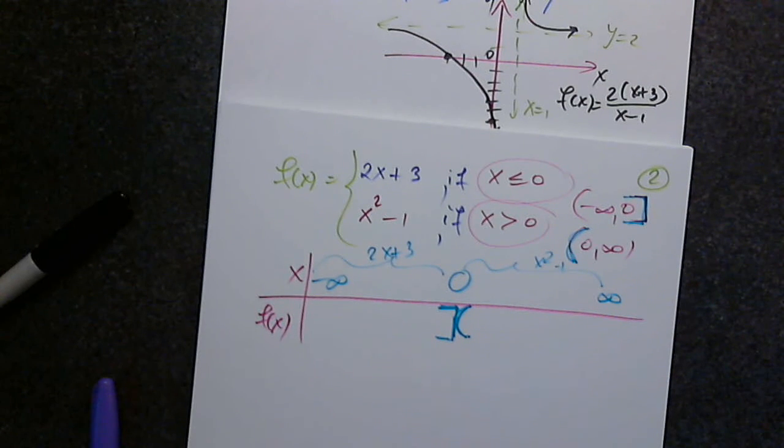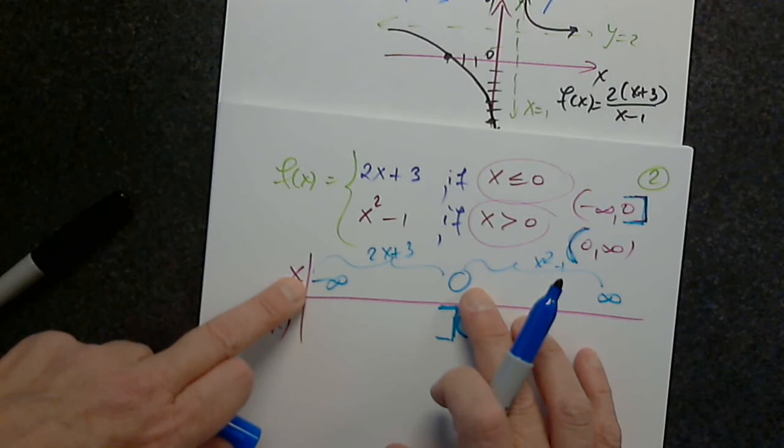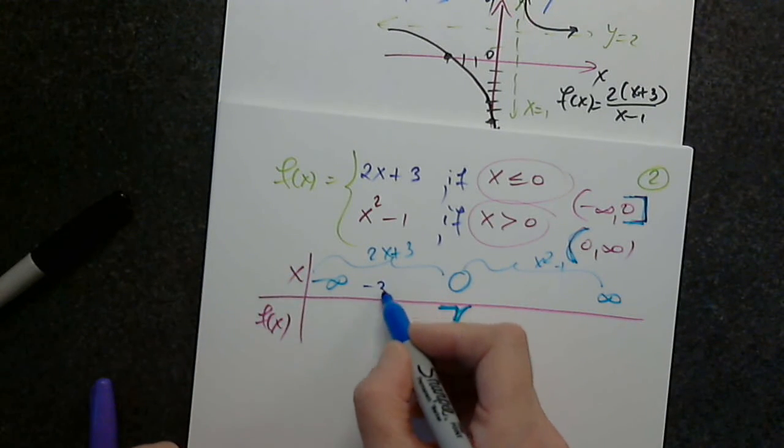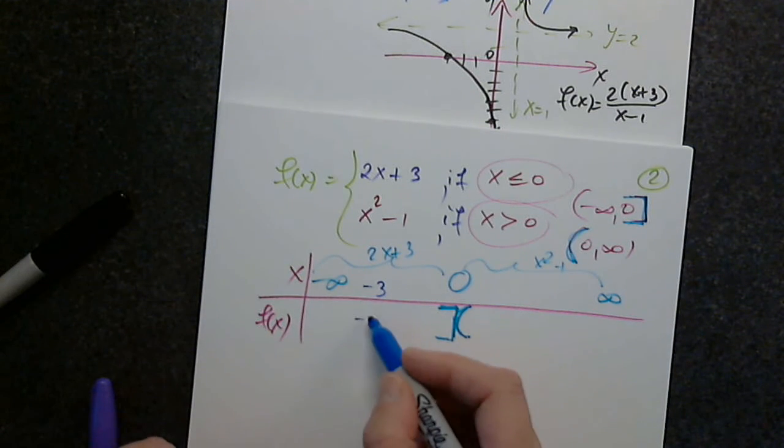So let's see how we graph 2x plus 3. Of course, we have to plug in some numbers. You can plug in negative 3, between negative infinity and 0. So negative 3 times 2 is negative 6 plus 3 will be negative 3.